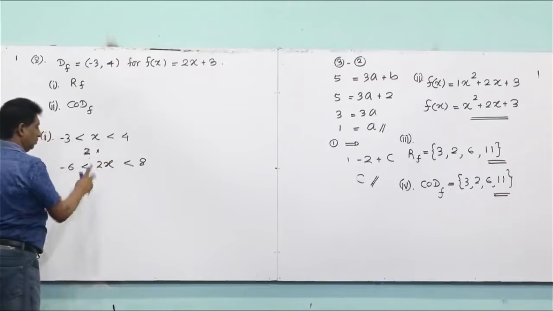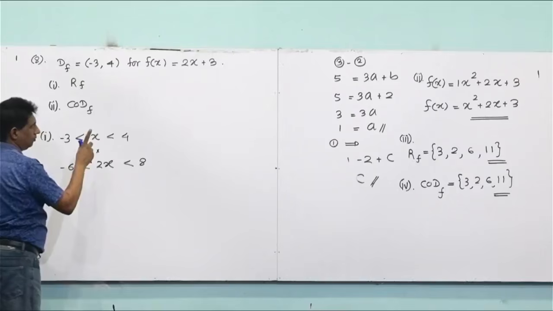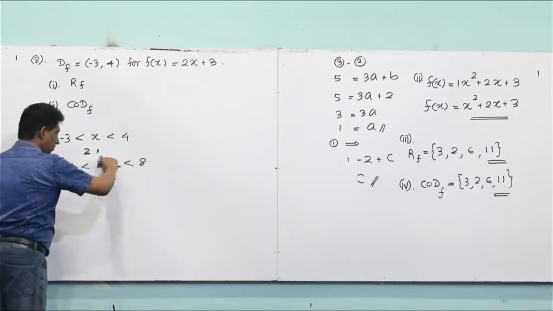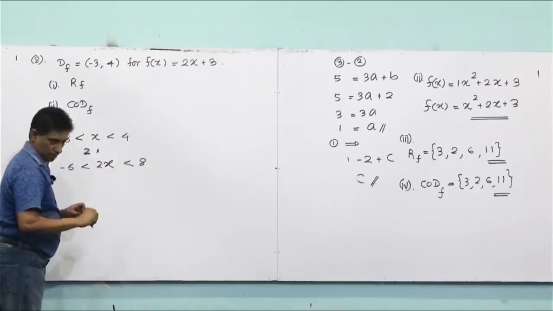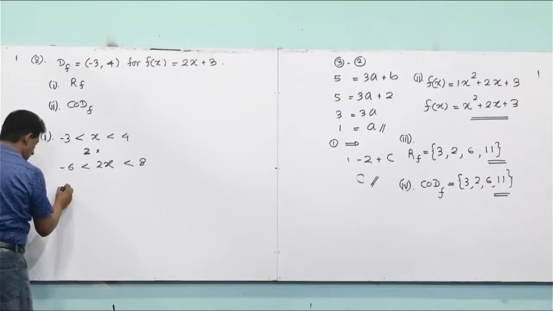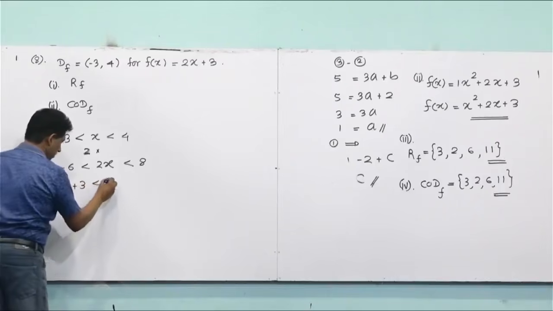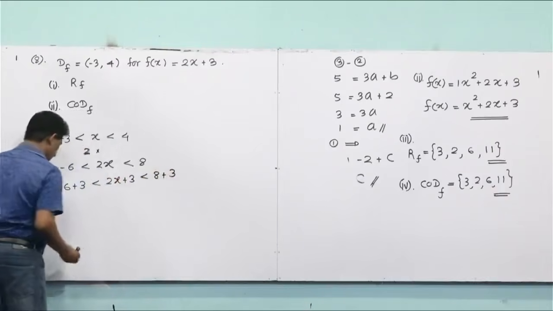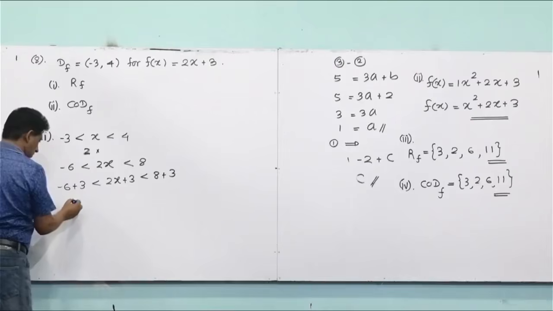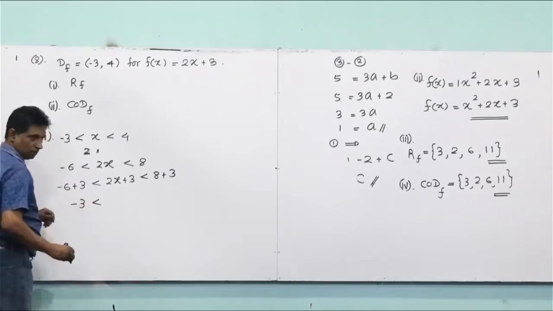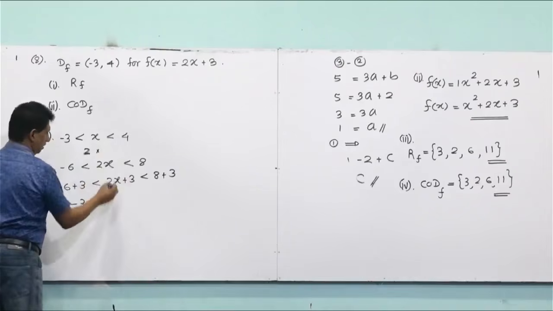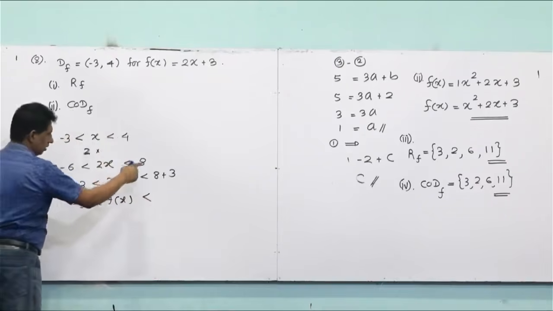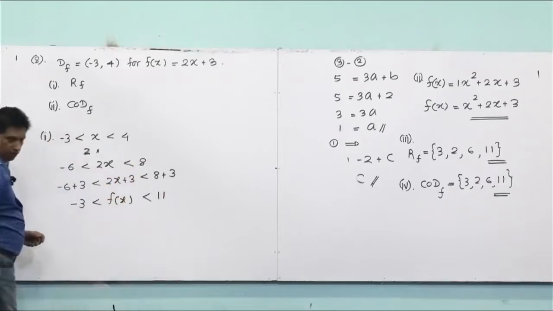Now 2x is there. What do we have to do? We have to add 3 to all the sides. Here minus 6 plus 3, here 2x plus 3, and here 8 plus 3. Minus 6 plus 3 means minus 3. 2x plus 3 means f(x). 8 plus 3 means 11.